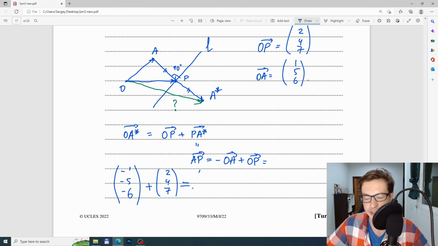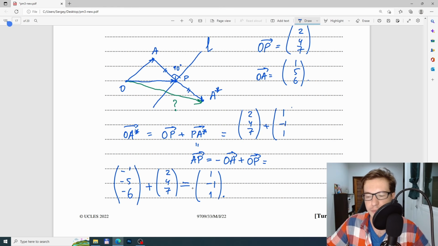So that means vector AP is going to be (1, -1, 1). Okay, let's substitute it back, and we get (2, 4, 7) plus (1, -1, 1). So all in all, we got (3, 3, 8). That's going to be my final answer.